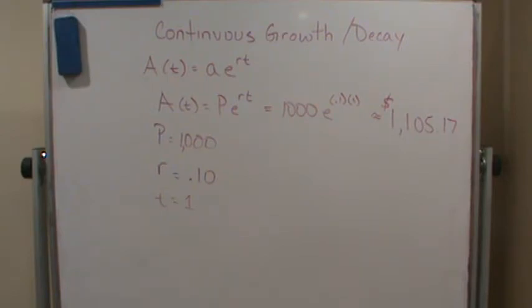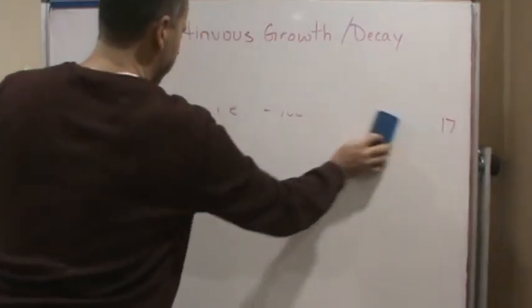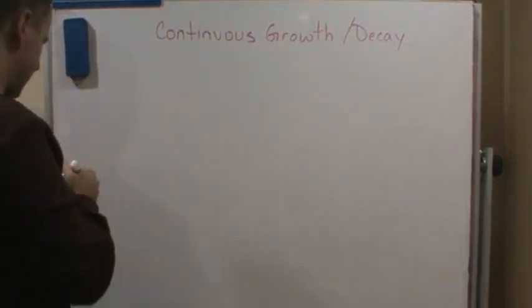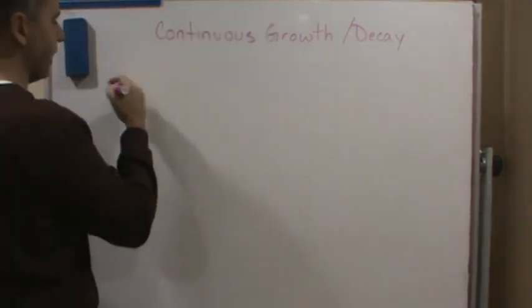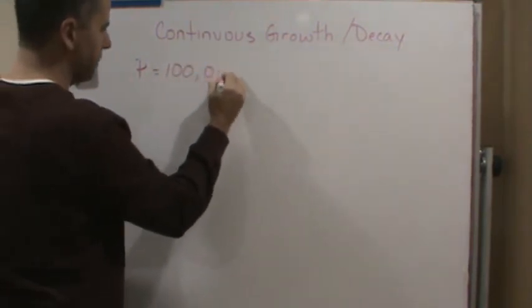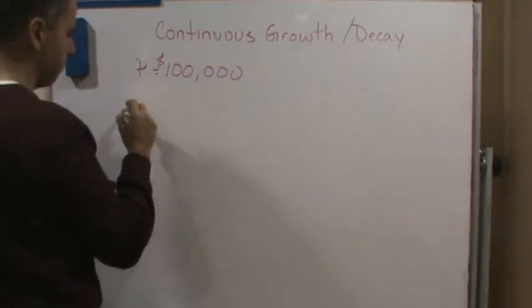Okay, now what about this one? Let's say a person invests $100,000 at a nominal rate of 12% interest per year, compounded continuously. What will be the value of the investment after 30 years? I love this one. So in this case here, they're investing $100,000, so P is $100,000, and it's compounded continuously.